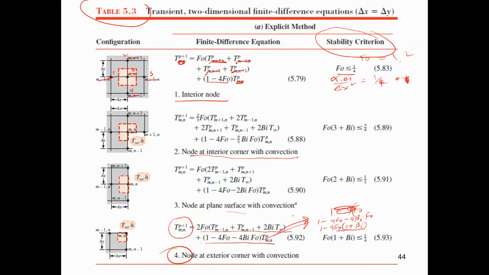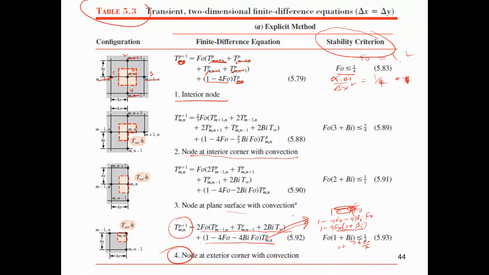If you consider this equal to 1 by 4, then this whole term will be 0. Then from here you can calculate the delta t, the time step. If you know the beta, you can calculate it, where beta is delta x by k.